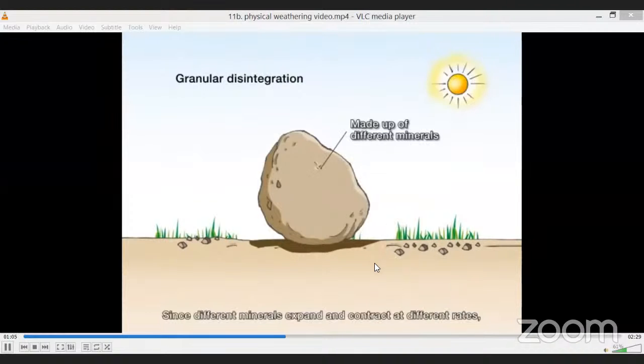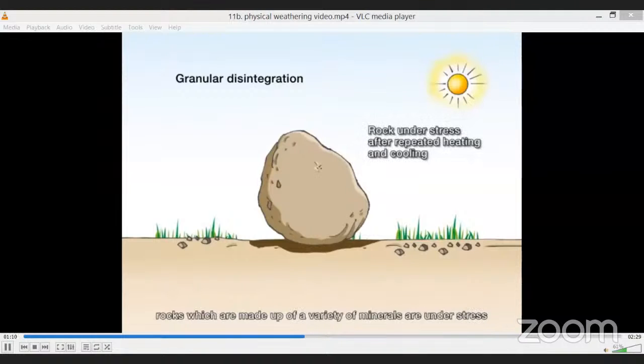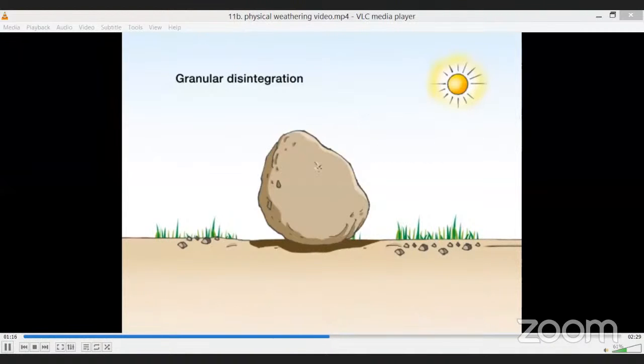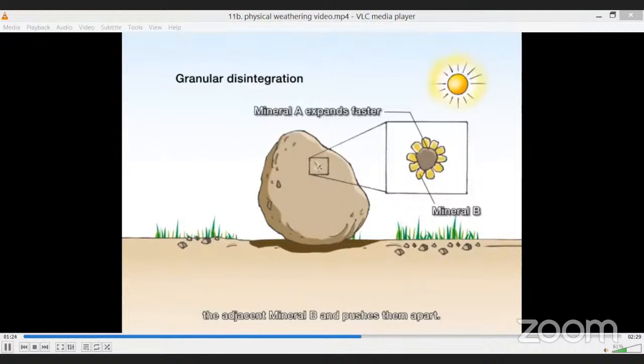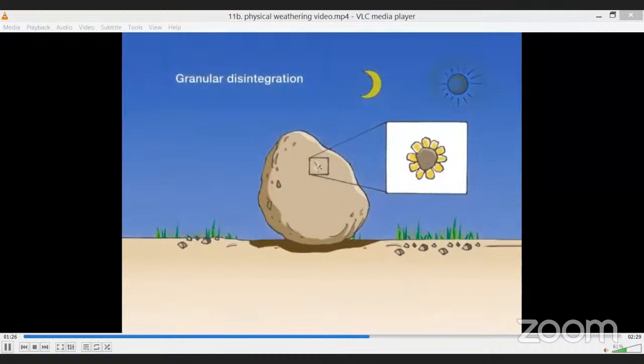Granular disintegration occurs on rocks with different minerals. Since different minerals expand and contract at different rates, rocks which are made up of a variety of minerals are under stress during alternate heating and cooling. For example, at daytime, mineral A expands faster than the adjacent mineral B and pushes them apart.